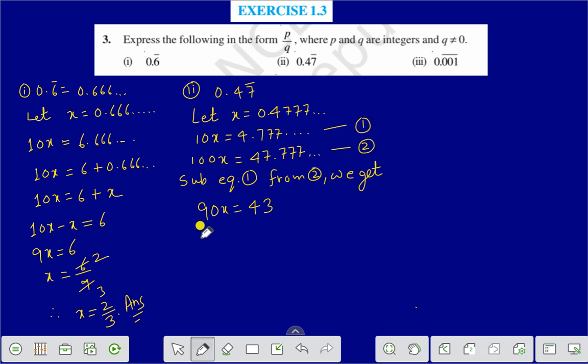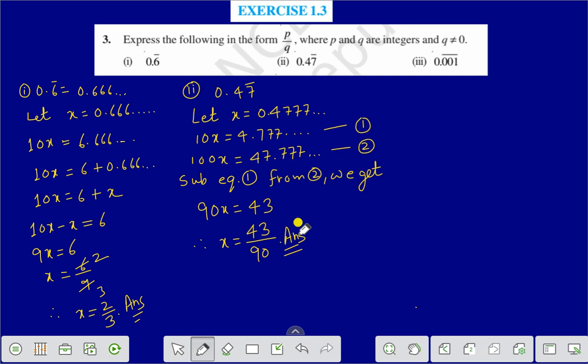Therefore the value of x is equal to 43 by 90, and that is the answer. This is question number 2.